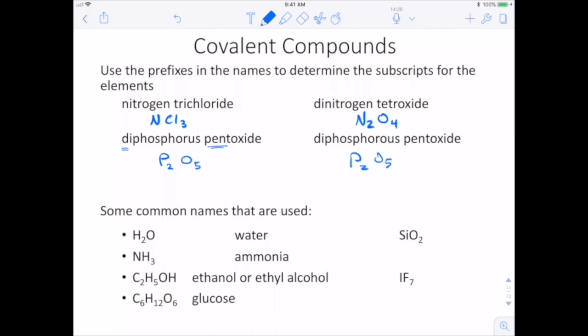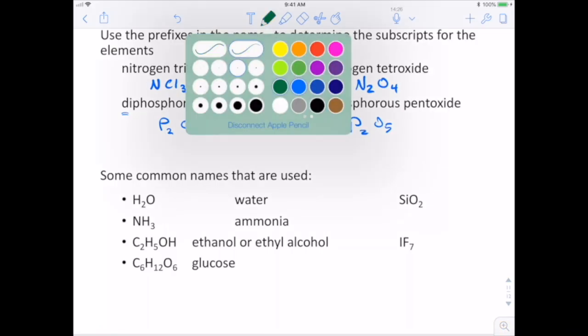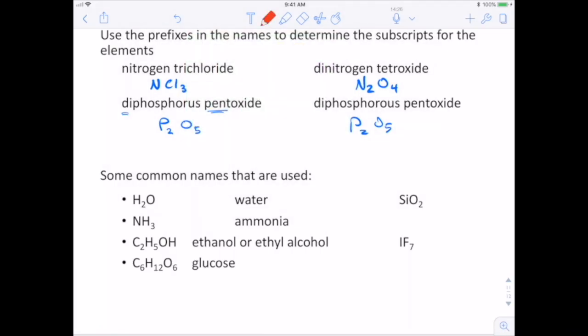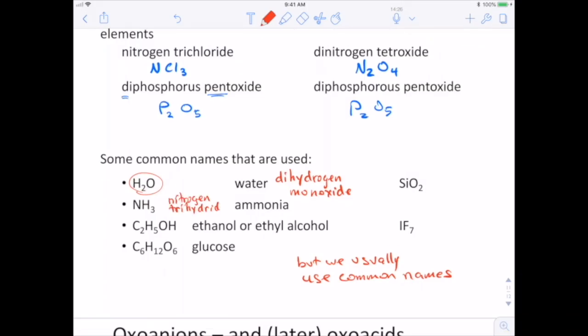Now, for the names, oftentimes we use very common names. For example, we all know that H2O is water, but we could call it dihydrogen monoxide. That's water, right? But we usually use the common name. Like we don't have nitrogen trihydride, we just call it ammonia.